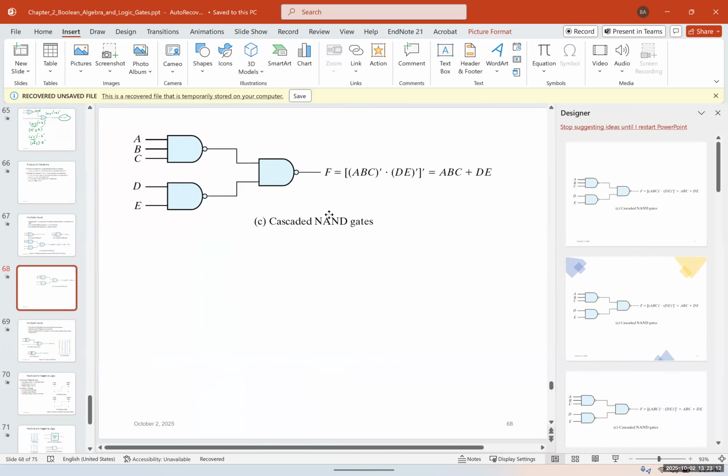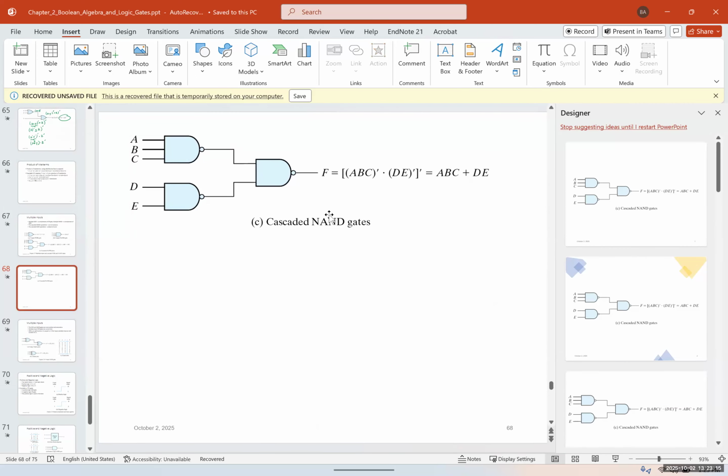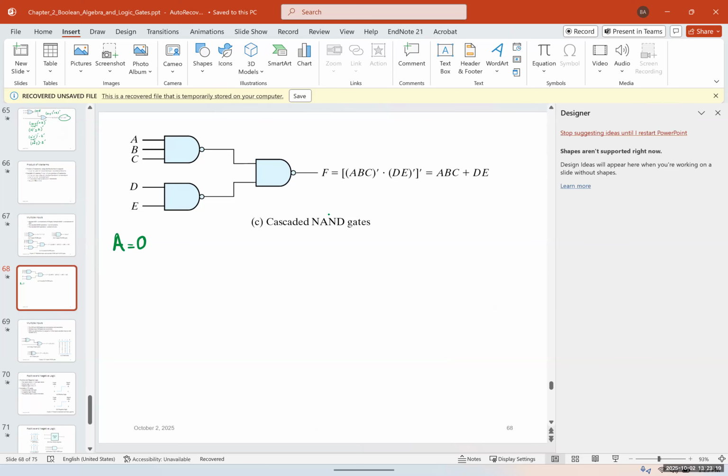So imagine we have this, and A is 0, B is 0, C is 1, D is 1, and E is 1.